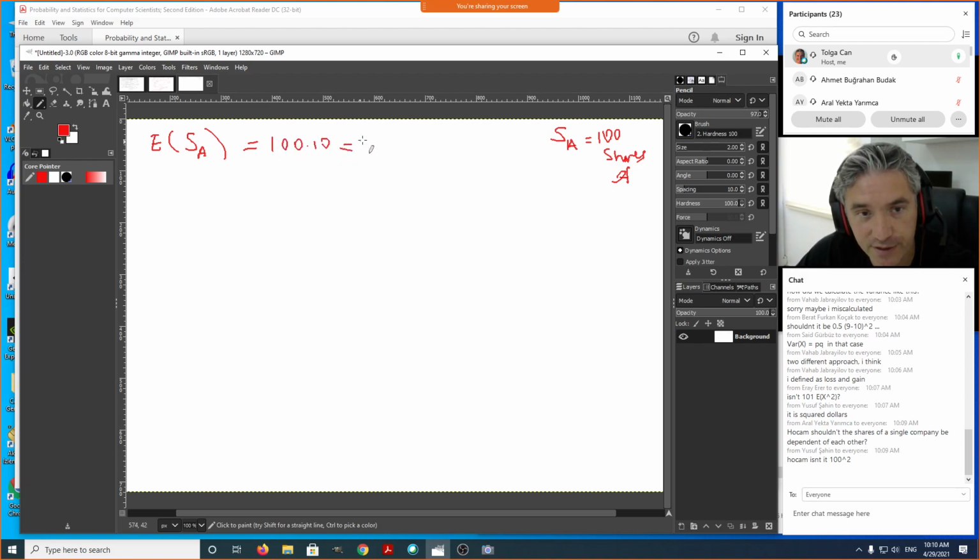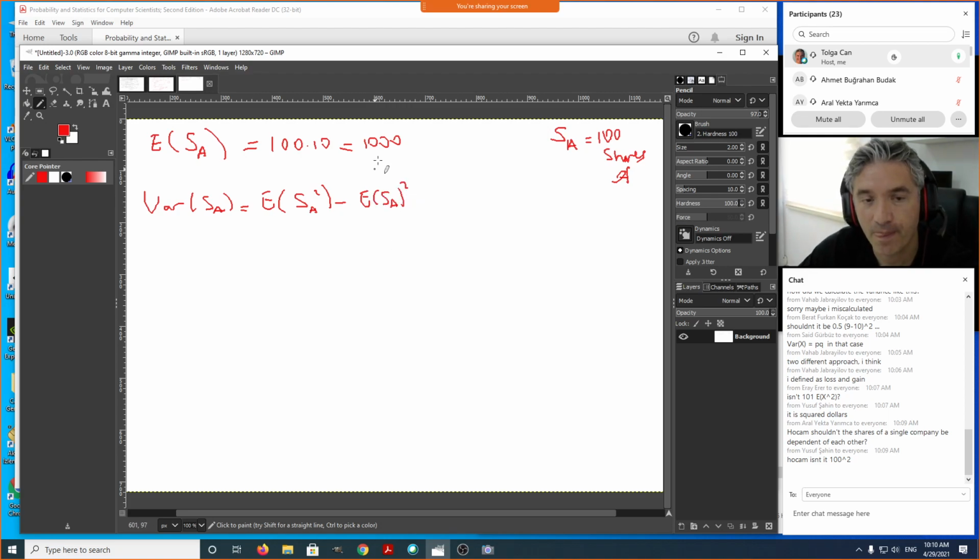We have found this one. Now, in order to find the variance of SA, we are going to find the expected value of SA squared and subtract from it the square of the expected value, which is 1000 times 1000.